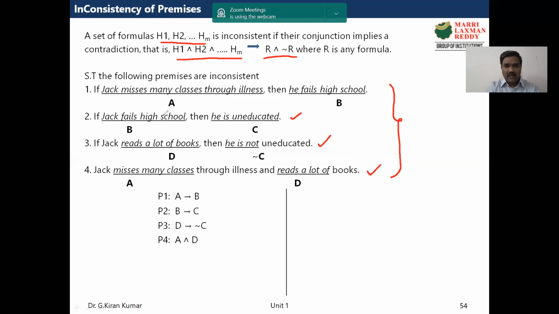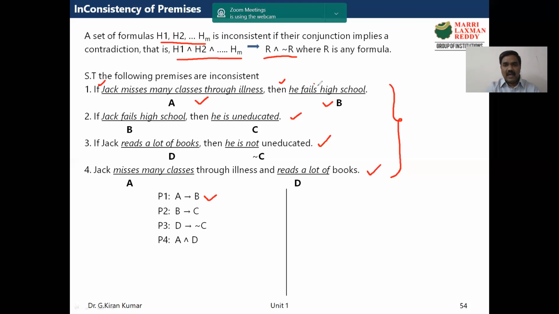How do I convert into propositional functions? By properly introducing the propositions. Now here, Jock misses many classes through illness, that I assumed as A, and Jock fails high school, I assumed as B. Since it is if-then, and if-then means implication, the first premise is nothing but A implies B. Next one is, if Jock fails high school, then he is uneducated.